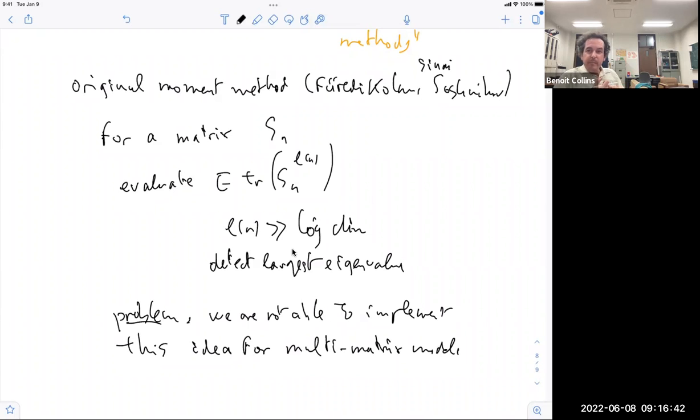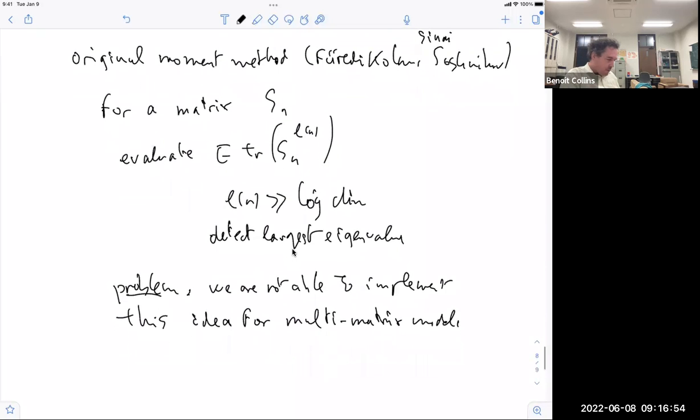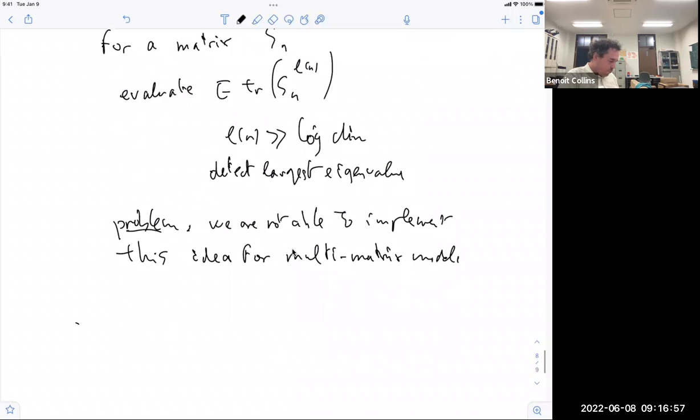So it does not mean that the moment method does not work, because that's actually the only one which we're able to make work. But it means that we have to modify it. So, modified moment methods.